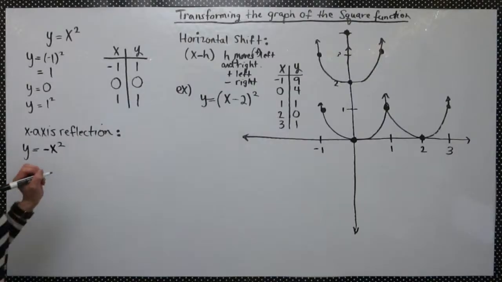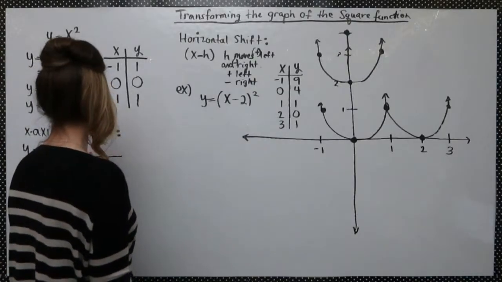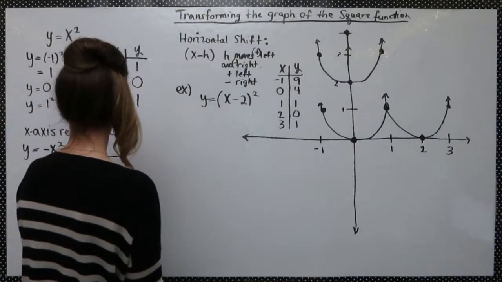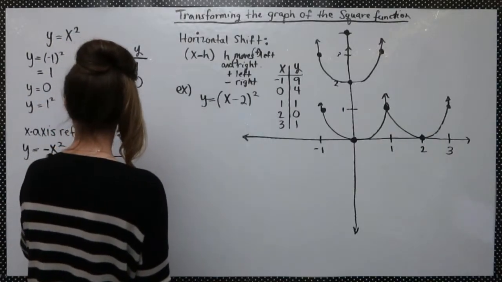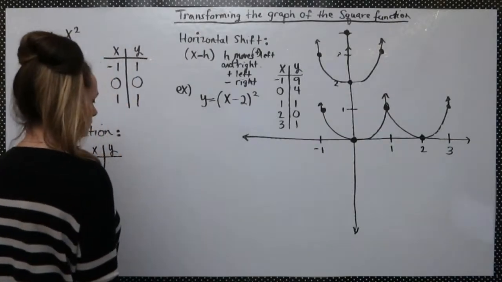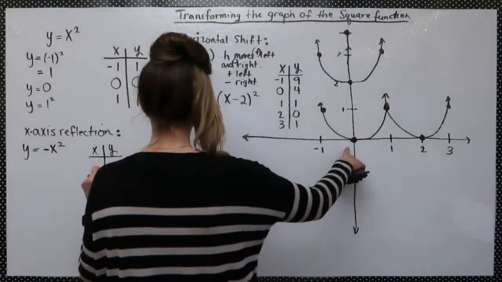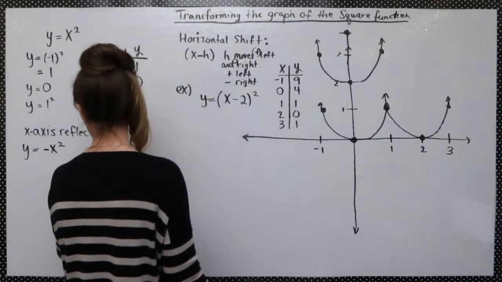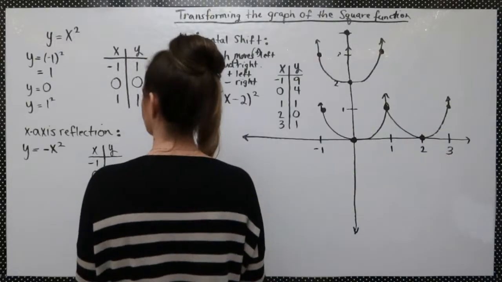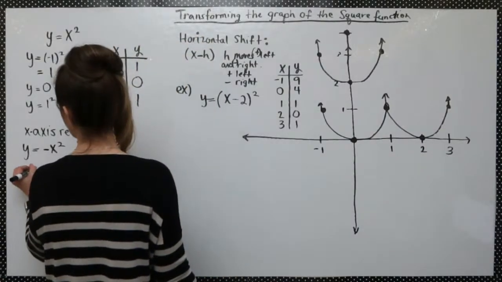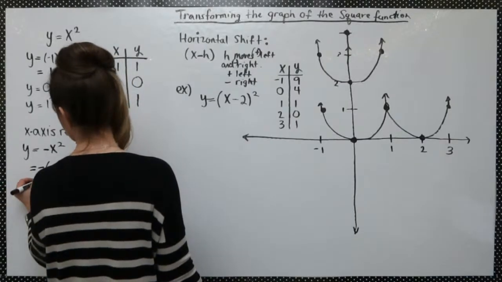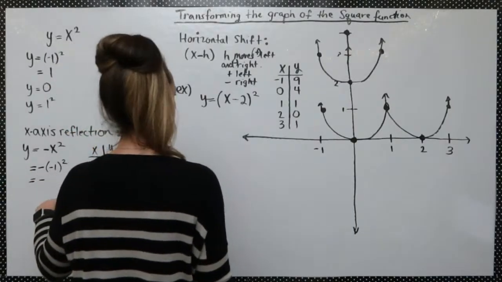So, for example, on the table, let's see, x comma y, and we want to just reflect the basic graph, then we'll go negative 1, 0, 1. And then we're going to plug in negative 1 squared.